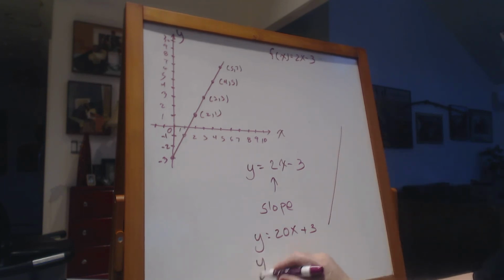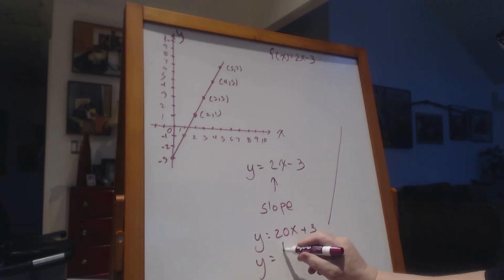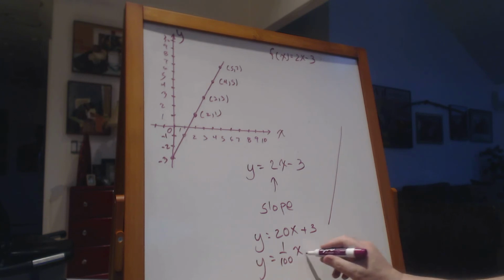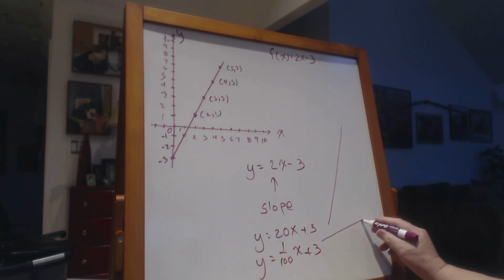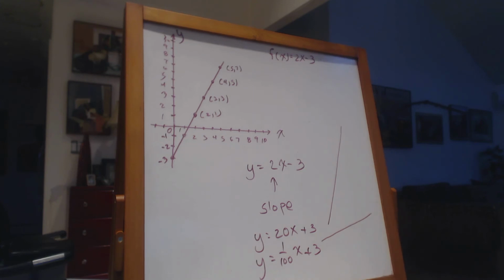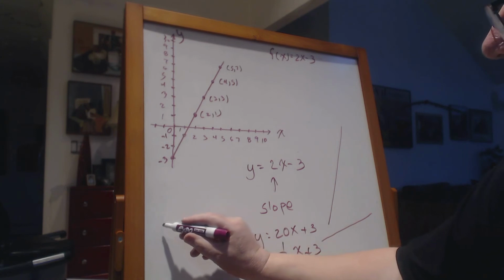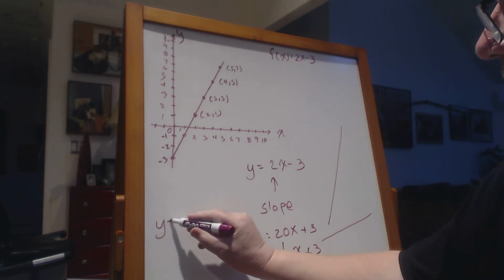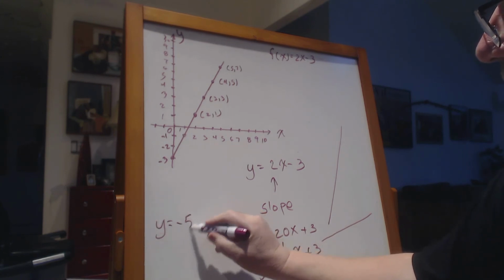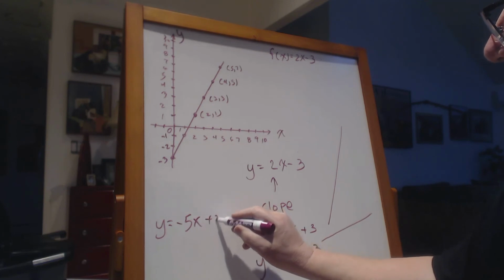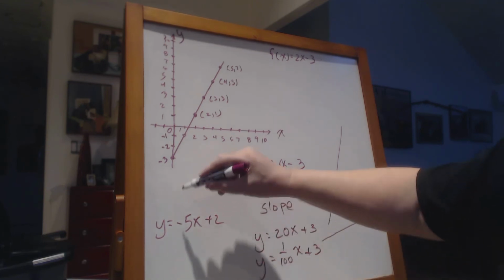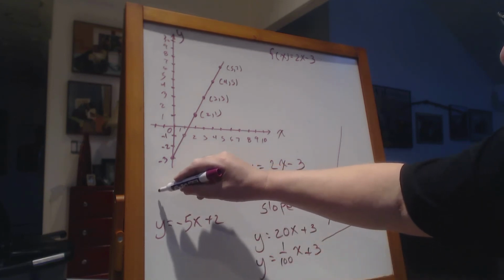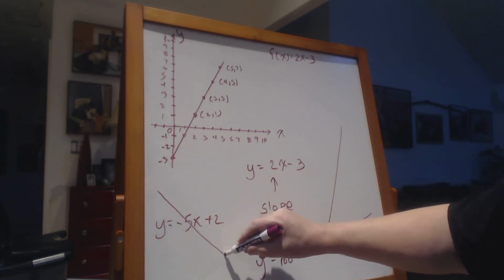When y has, let's say, 1/100th of an x plus 3, it's very gradual. In fact, this slope can be negative. y equals negative 5x plus 2 means the line has a downward slope.